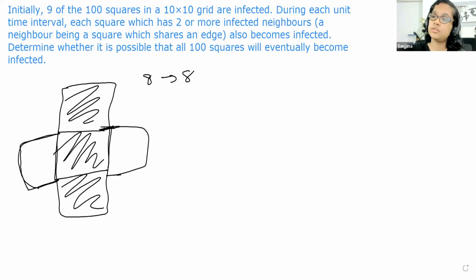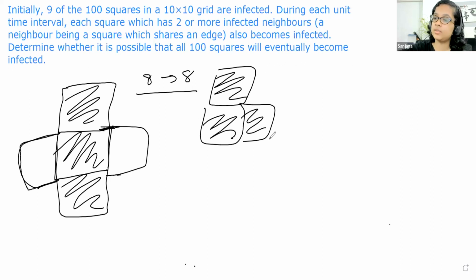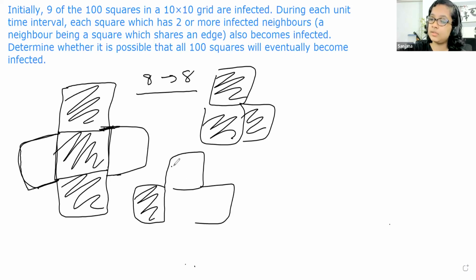Okay, nice. So that's one case. Another case is if these two are infected and then this becomes infected. In that case it's originally 8 and it goes to 8 again. Now suppose three things are infected already.